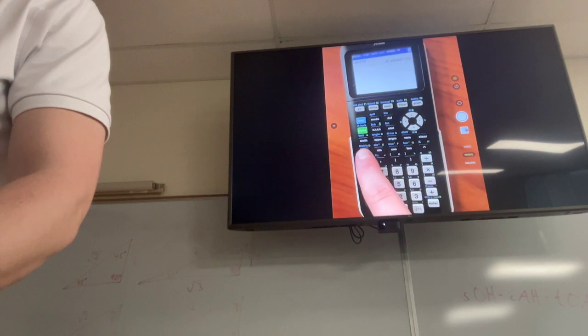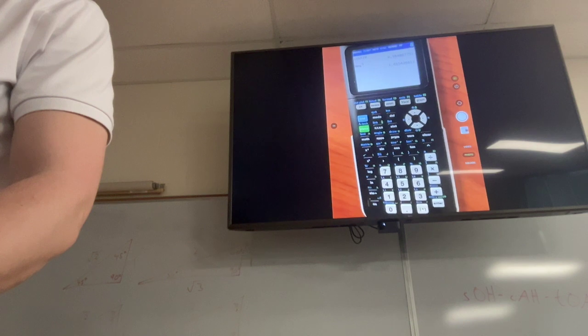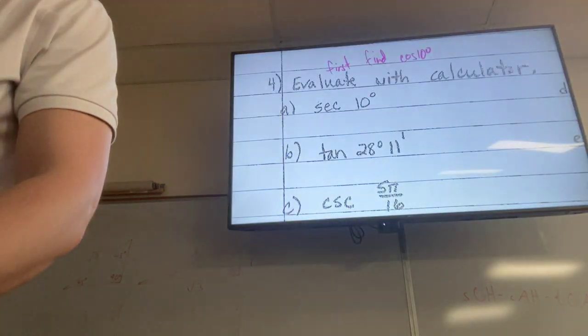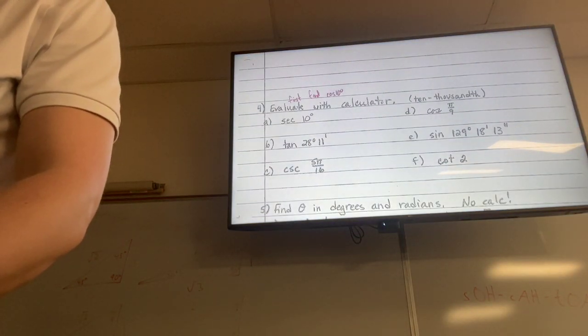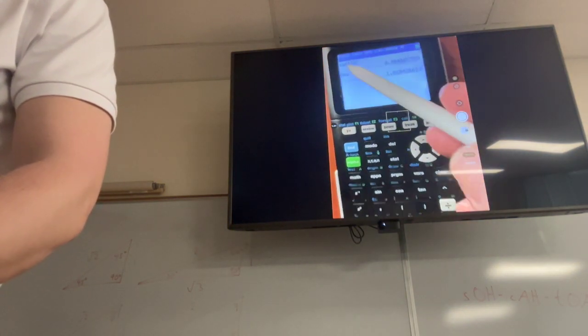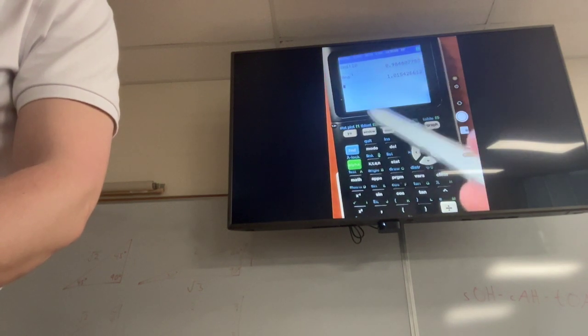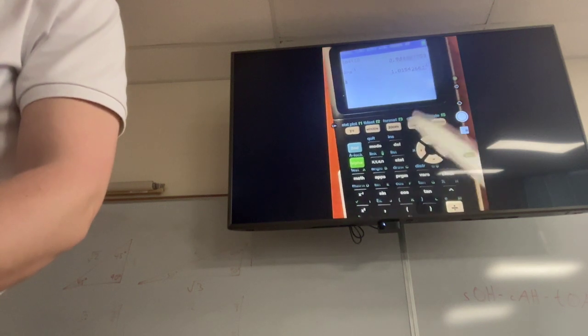The X to the -1 button is going to flip it. So 1.015. What was that last part? I need to do the reciprocal of cosine 10, so I hit the X to the -1 button. Oh. Needs to be in degree mode? Needs to be in degree mode, yeah.